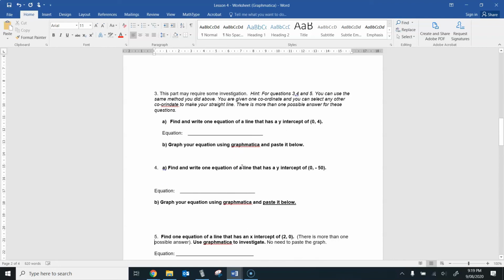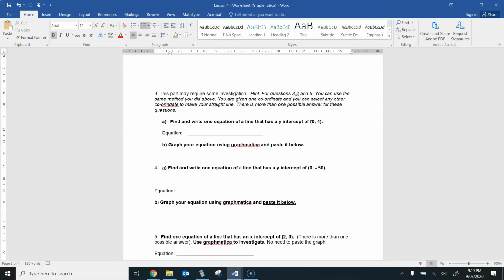When you have a go at question 3, 4, and 5, in each of these, we've asked you to write the equation of a line that goes through this point. So in part A, it goes through 0, 4. But we haven't told you another point, so the other point is optional.